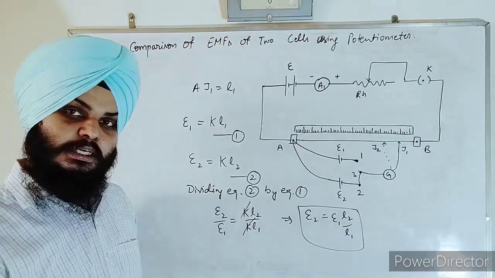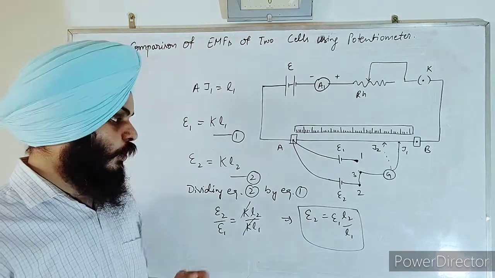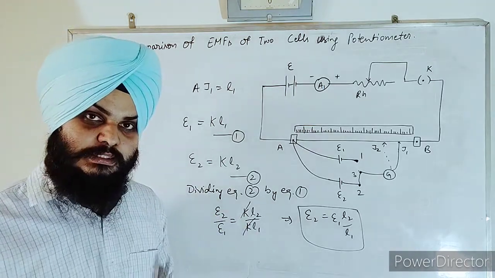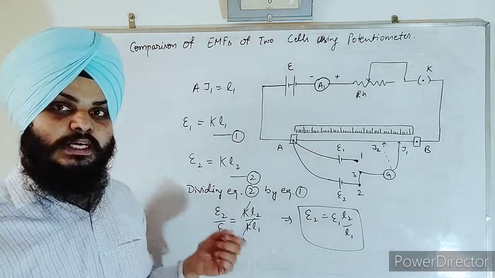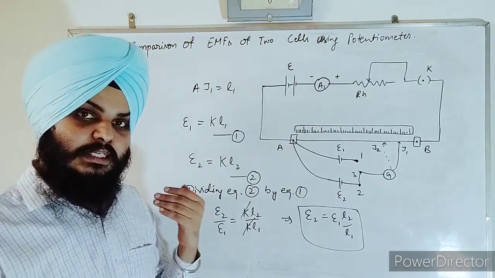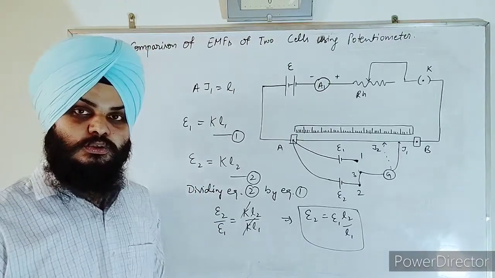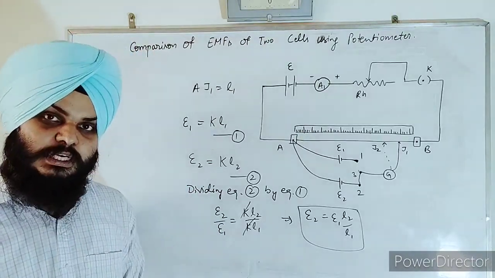Or simply, if you have to compare the EMFs, if you don't know the values of EMF of both the cells, then from this relation we can find which cell has the larger EMF. So students, this was the first application.